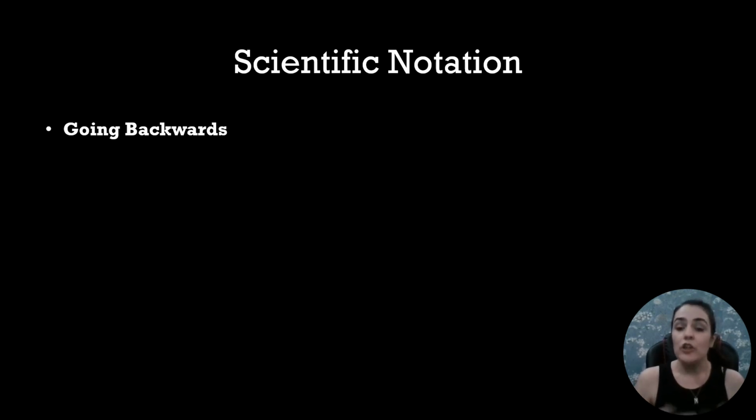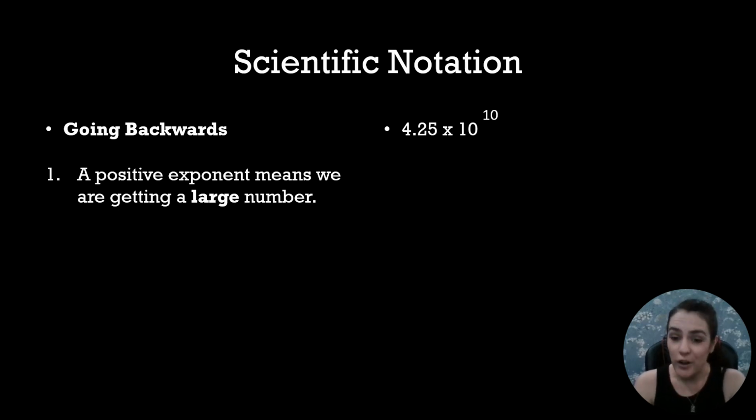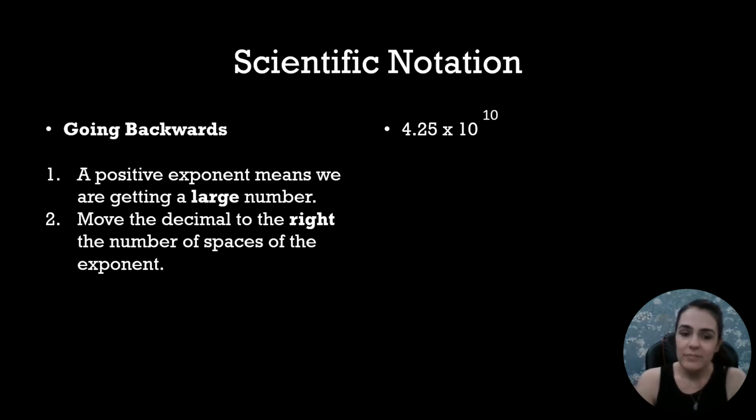Now let's talk about how to go backwards, how to go from scientific notation to really large or really small numbers. And it's very easy. Here is an example of a positive exponent. This means that we're going to get a large number.